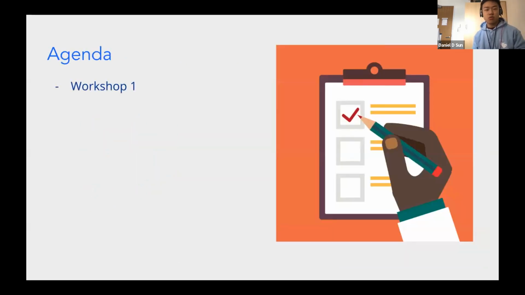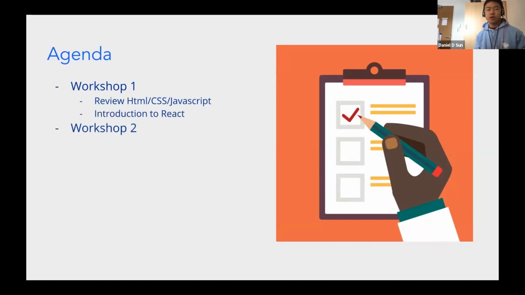As for the agenda across all 4 workshops, this first workshop, we're going to review HTML, CSS, JavaScript real quick, just to make sure everyone's on the same page. Not sure how rusty you guys are, but we'll just do a quick review. And then for the rest of the workshop, we're going to be talking about React.